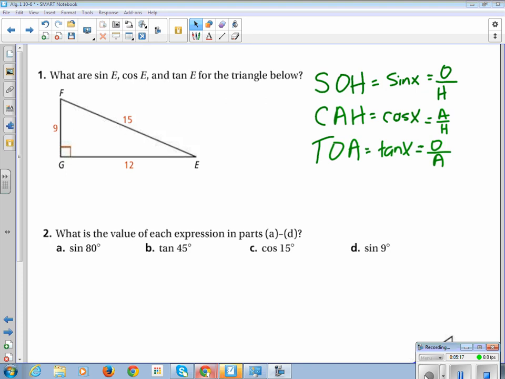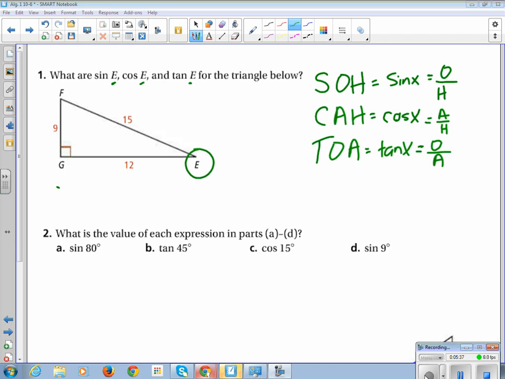Okay, so let's find our ratios. And if you look, we are concerned with E, so the first thing I do is circle the angle that we're concerned with, because my opposite and my adjacent are going to be determined by which angle I'm looking from.